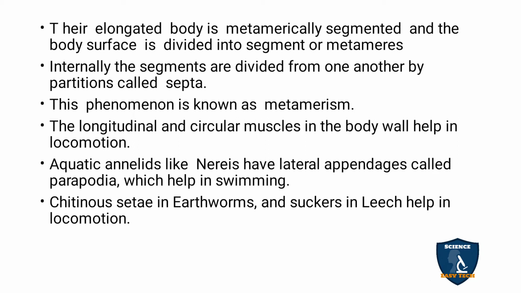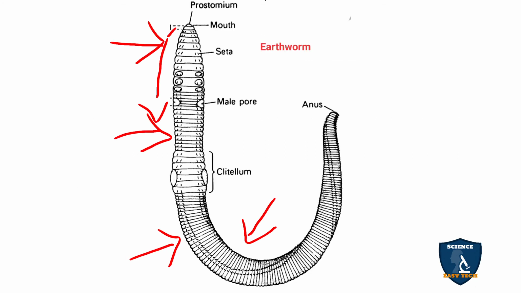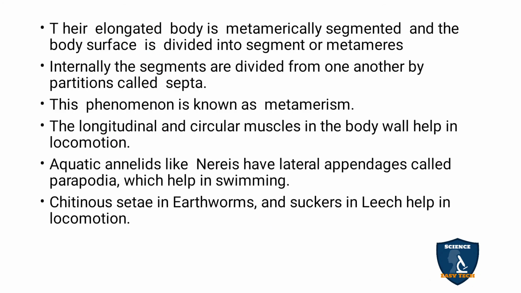Internally, the segments are divided from one another by a partition called septa. So, just as they are divided outside, inside also they are divided with the help of a cross wall known as septa. So, there is a partition, inner and outer, which forms the segments, and due to this phenomenon it is known as metamerism.